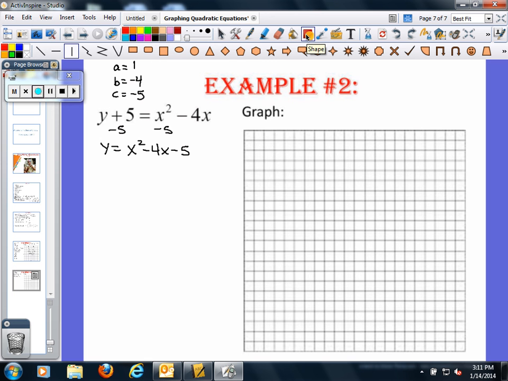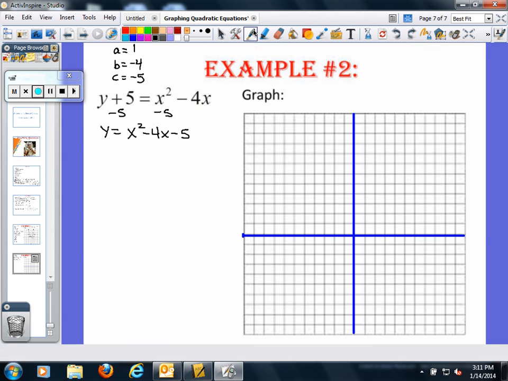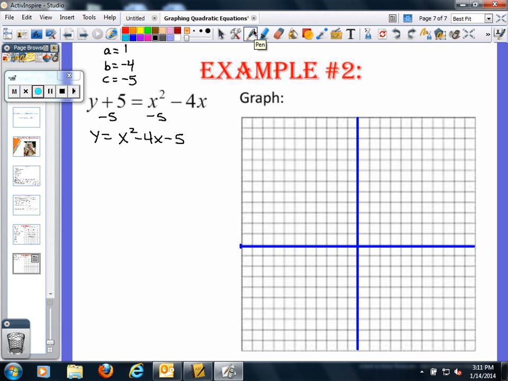Go ahead and put my x and my y-axis here. Now my vertex, again, is negative b over 2a, so this is negative, and b is -4, over 2 times 1. So this is going to be +4 over 2, which is 2.